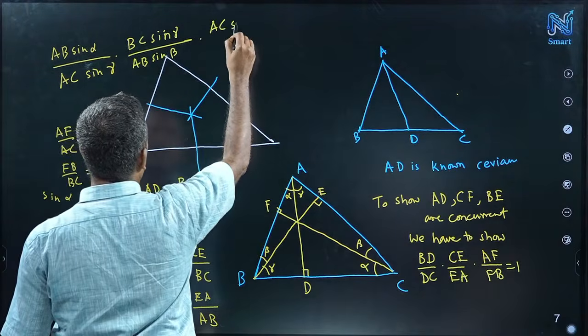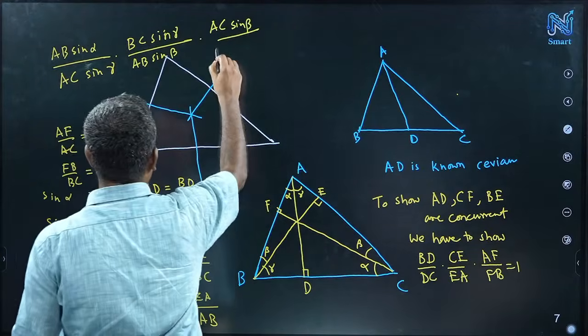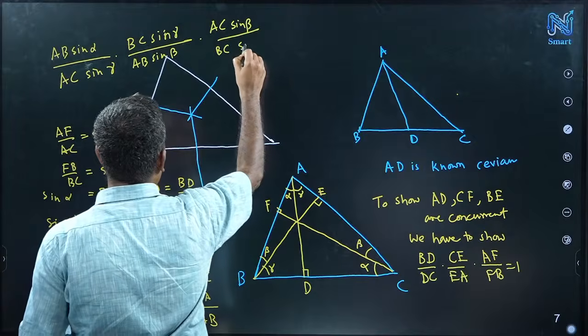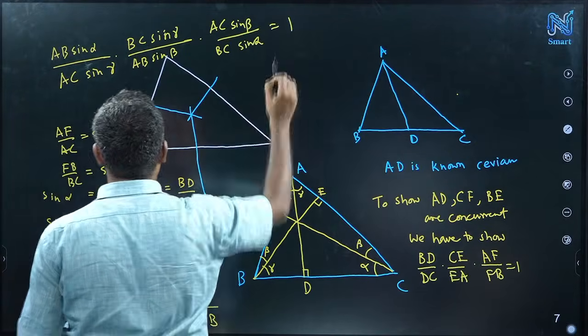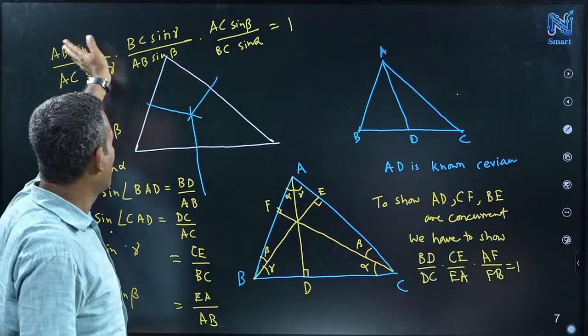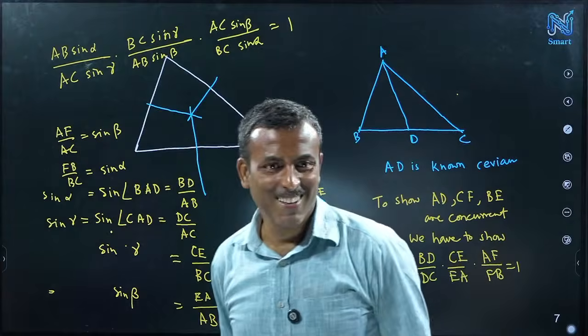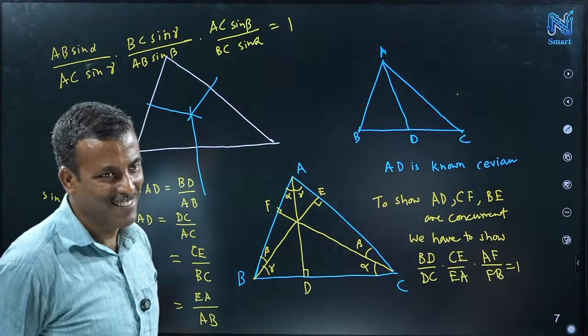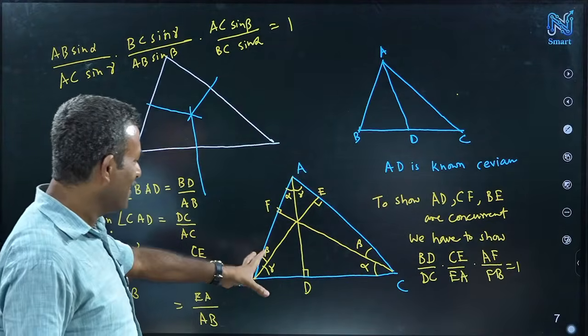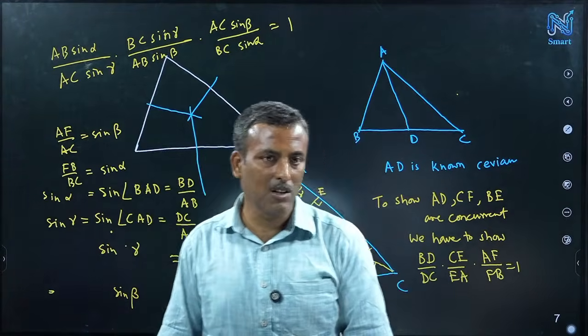AC sine beta. And the last one is FB, BC. So we get AC, AB, BC, and sine alpha, sine beta all cancelling. So this product is 1, and since this product is 1, they are concurrent. It is not a direct thing; you just use the definition of sine.